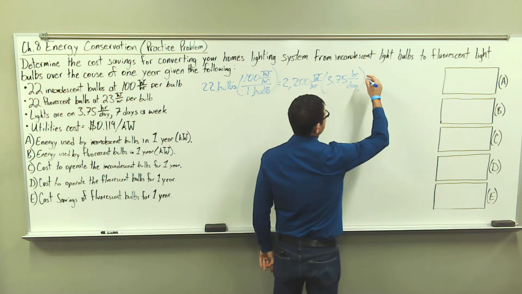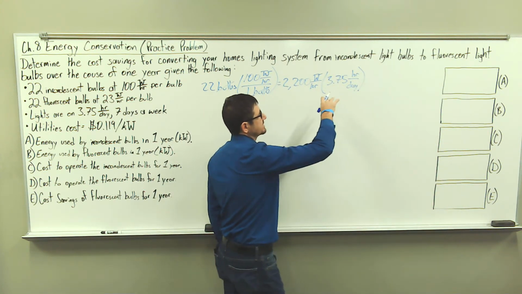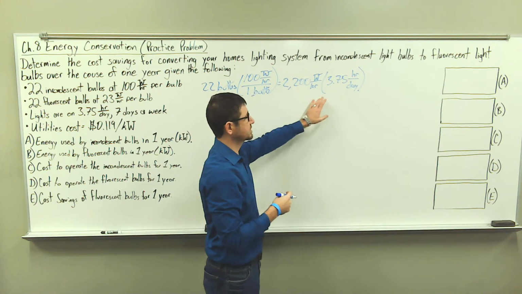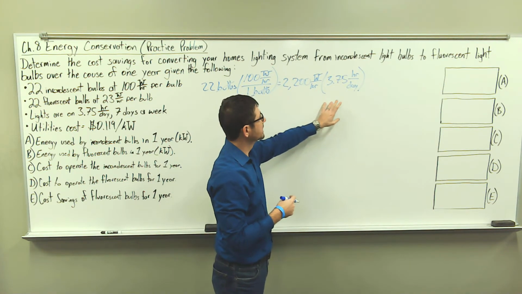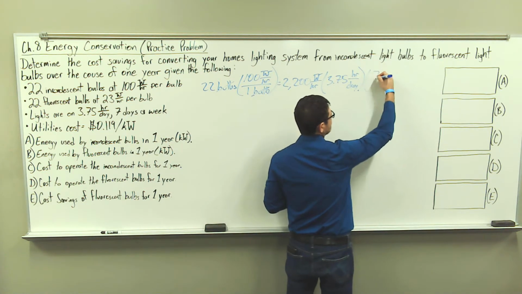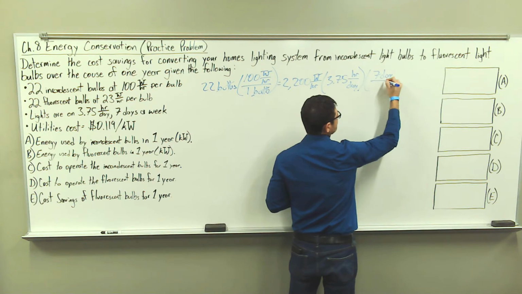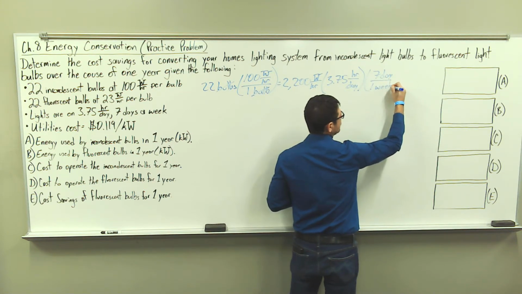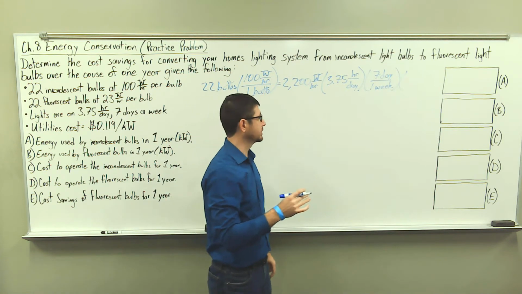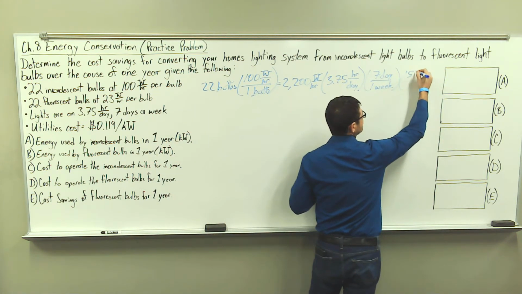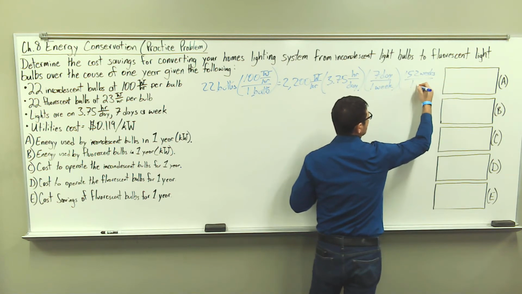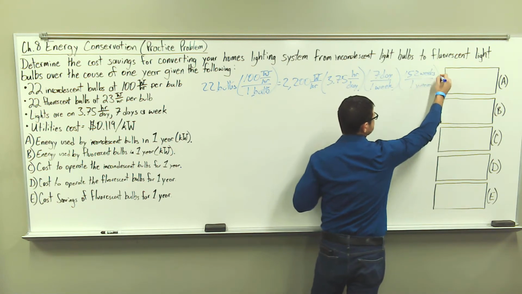What we want to do is convert this to how many watts are being consumed per year. We know that there are 7 days in 1 week, and we know that there are 52 weeks per year. So 52 weeks in the numerator, 1 year in the denominator.